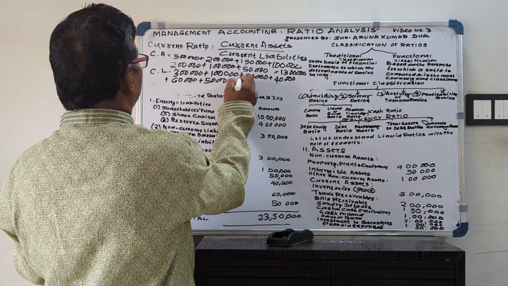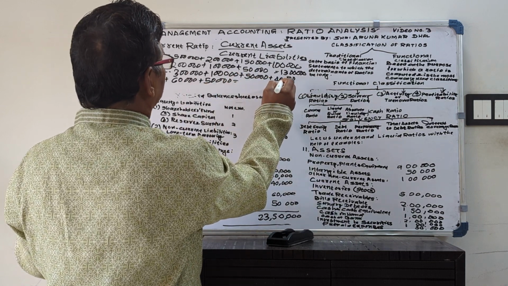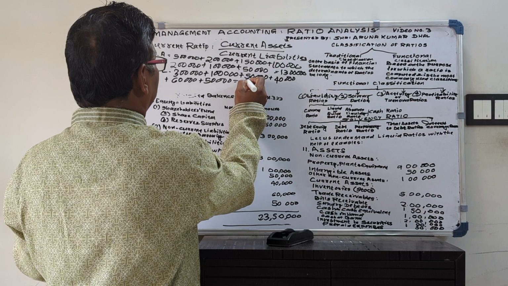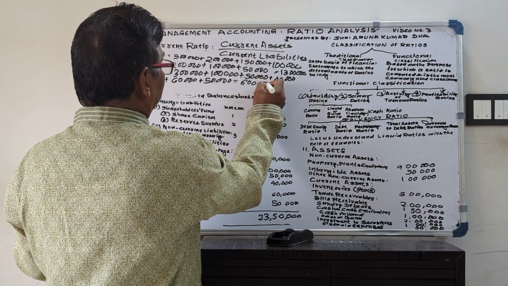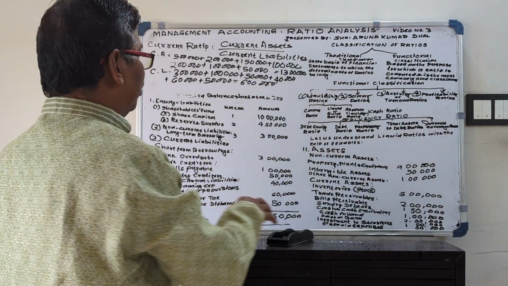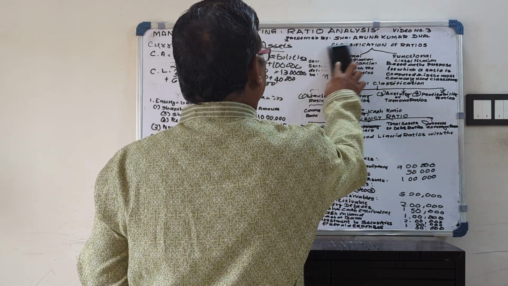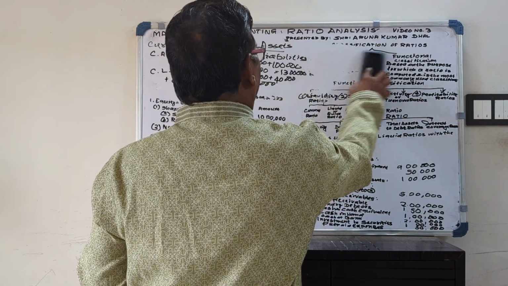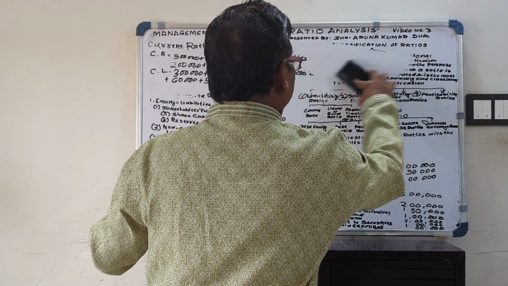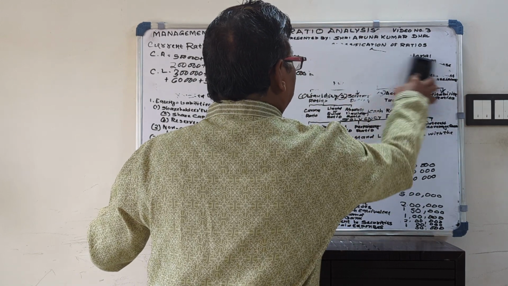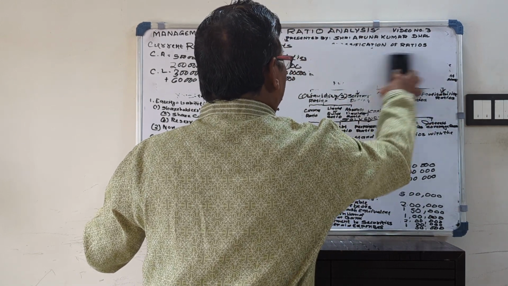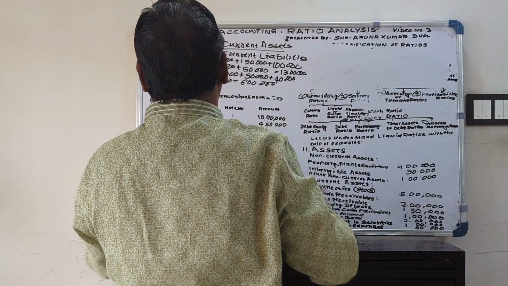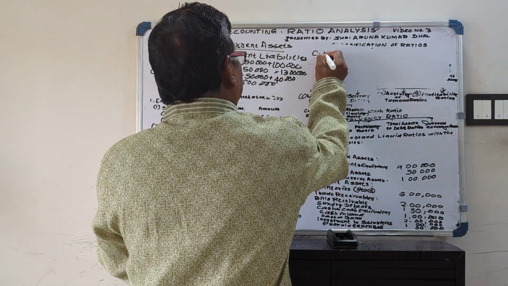The total comes to 6 lakhs. So current assets are 13 lakhs and current liabilities are 6 lakhs. The current ratio is more than 2:1, which is the ideal ratio.